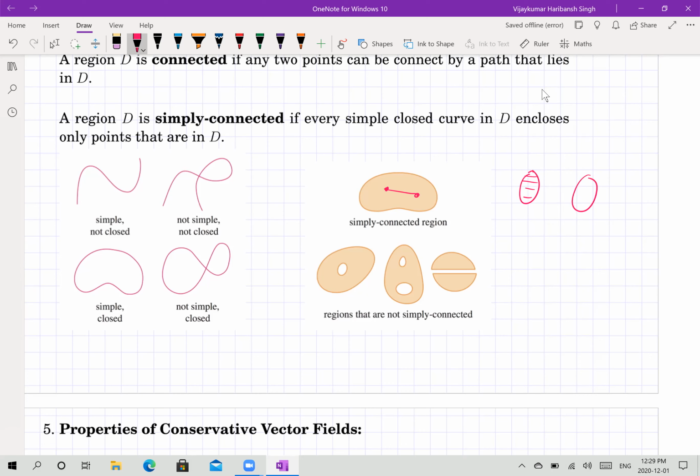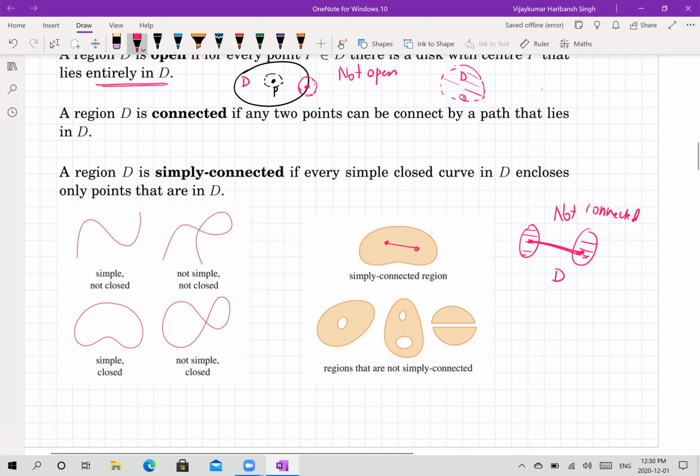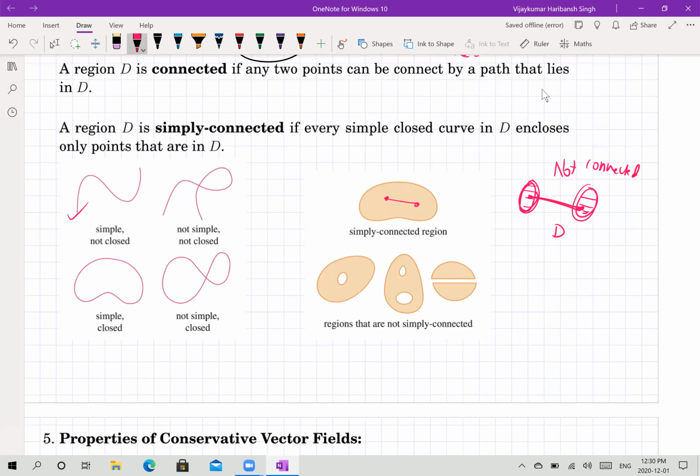If your region D consists of these two parts, it is not connected, because any path joining them will not lie inside D, since D consists of only these two objects. Here again: simple but not closed; not simple, not closed because of the intersection; simple closed; not simple but closed, because the endpoint joins with the initial point.